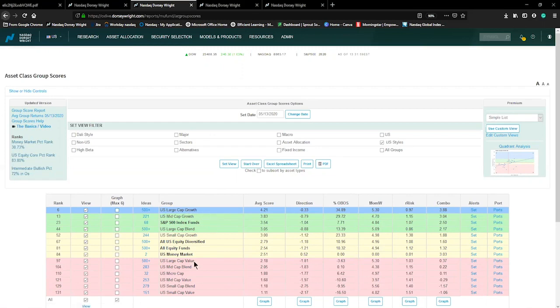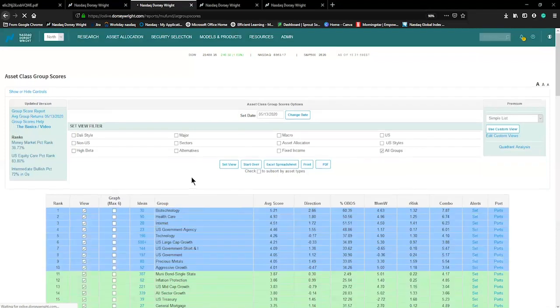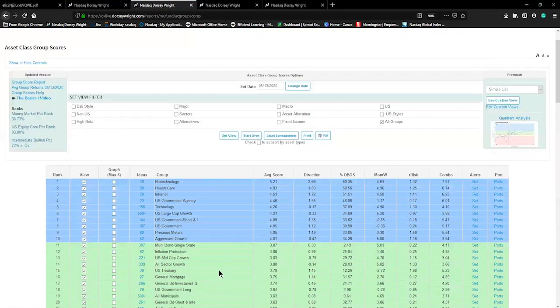Or if money market is moving above things, what is it moving above? Keeping those as your floating benchmarks to find strength or avoid weakness is very helpful. And when we look at that in a market environment where, let's say, international equities or commodities tend to be the favorite asset class, or even in today's environment where we see a lot of the fixed income groups near the top, that gives us an idea of where strength is outside of the core that we may feel comfortable allocating money toward.